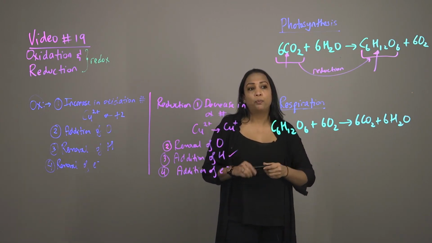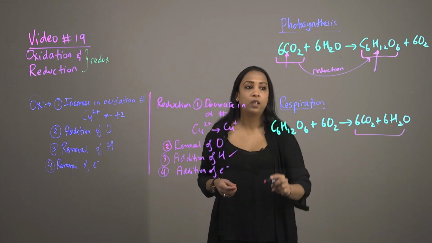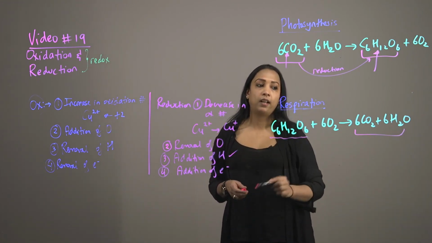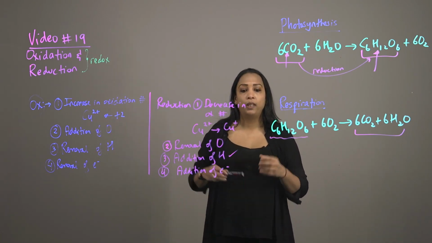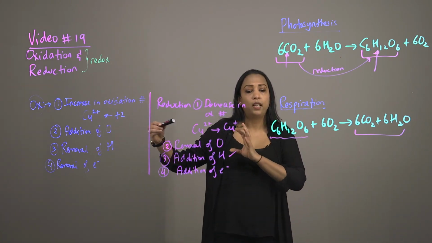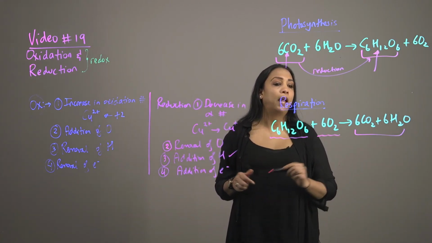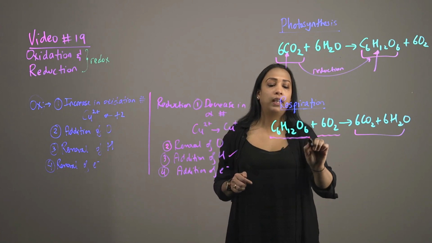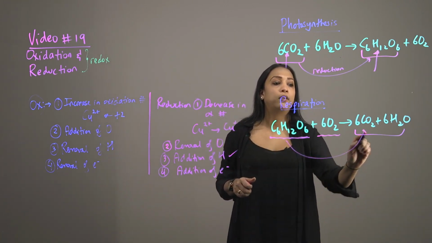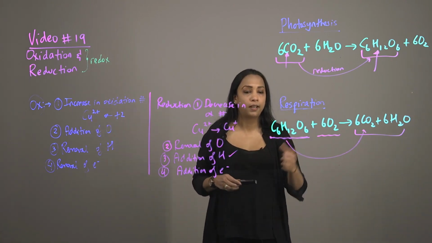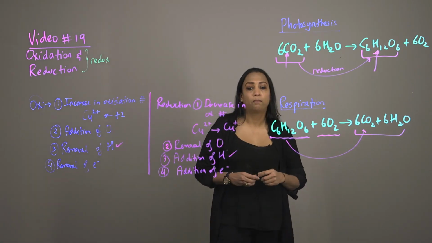If we want to produce CO2 and water from glucose, this is an oxidation reaction. So for example, what we're seeing here is that we are essentially taking our oxygen, and we're also looking at the carbons in our glucose molecule, and we're basically removing hydrogens to get CO2. So removal of hydrogen is oxidation.